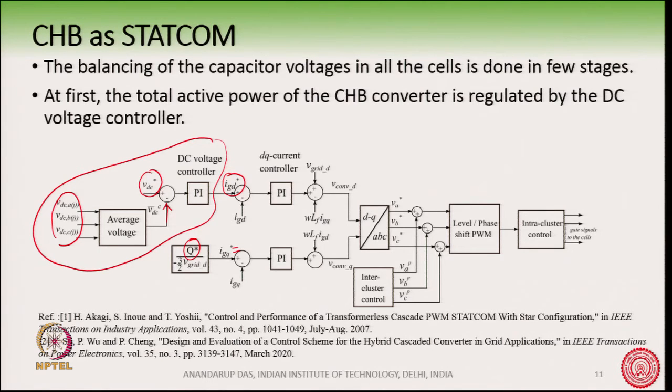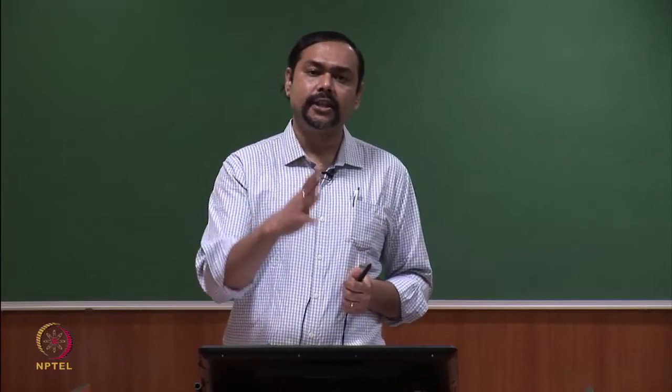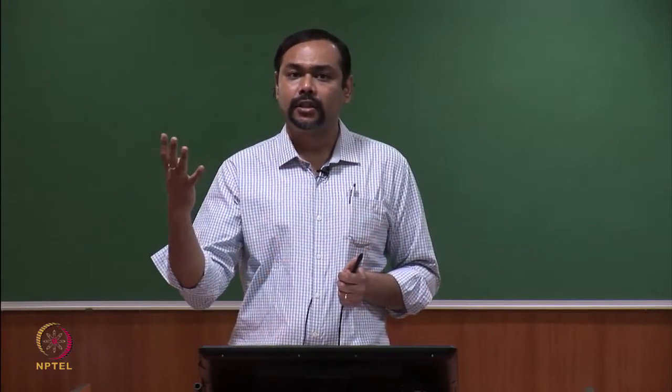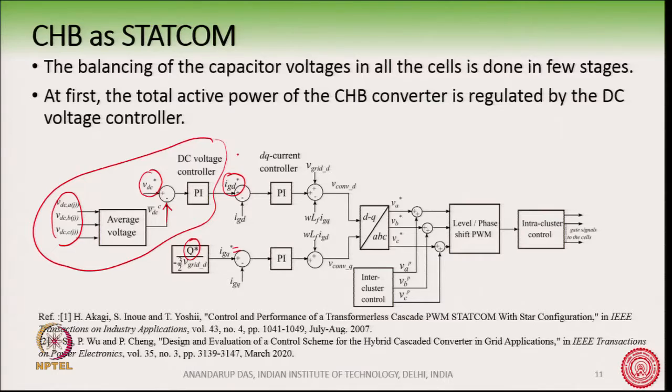So, this IGD star is basically corresponding to the total active power taken by the entire CHB STATCOM converter. The total active power is set by IGD star, okay, the entire active power. This will support all the losses of the entire converter. Okay.